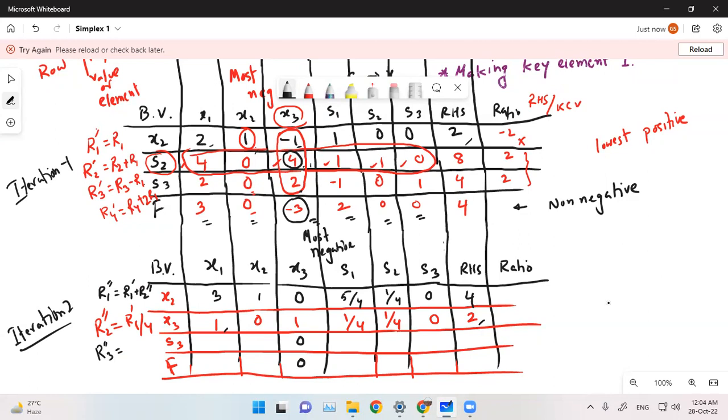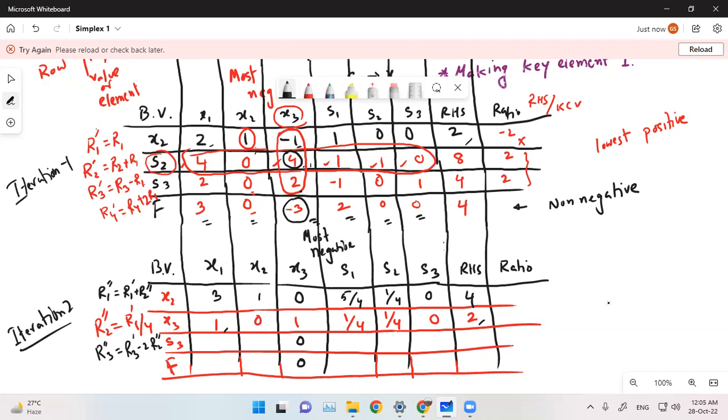So we have to make R3 prime minus 2 into R2 double prime.